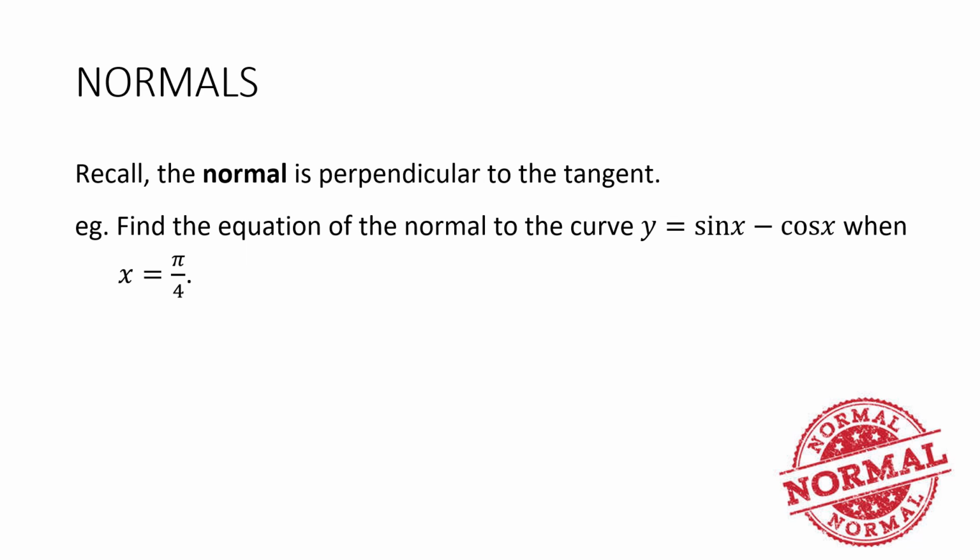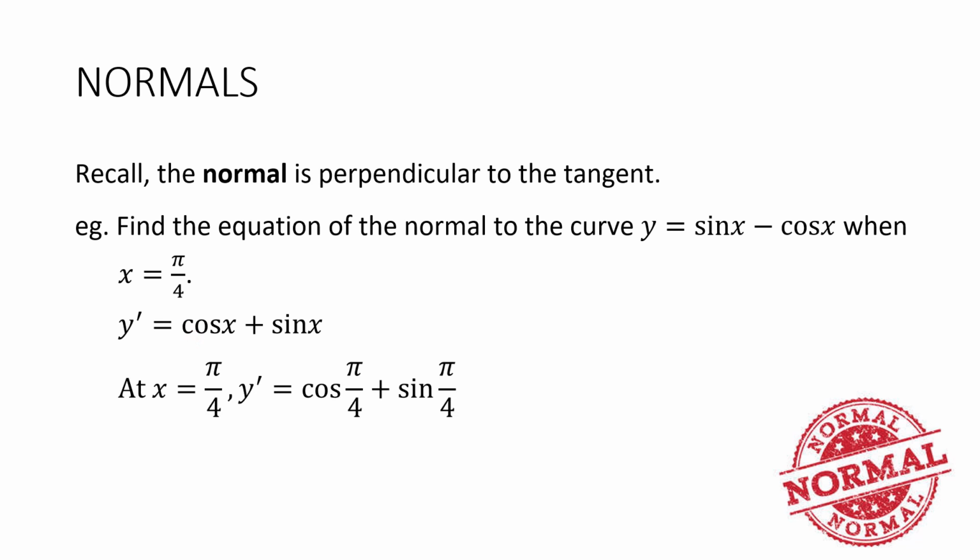Find the equation of the normal to the curve y equals sine x take away cos x when x is equal to pi on 4. So we'll start again with the derivative. So y dashed is equal to cos x take away negative sine x, which is cos x plus sine x. Now we need to work out the gradient of the tangent at x equals pi on 4.